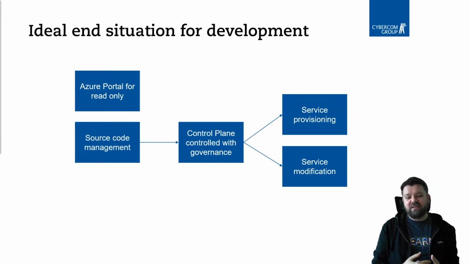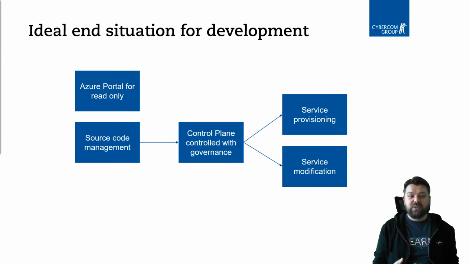The real way to do anything is you should use Azure Portal and other tools just for read only, and everything should be done automatically, because once you do everything automatically, everything is repeatable, everything is checked. You can have pipelines where you have checks built in, security. So you should really have everything in your source control.